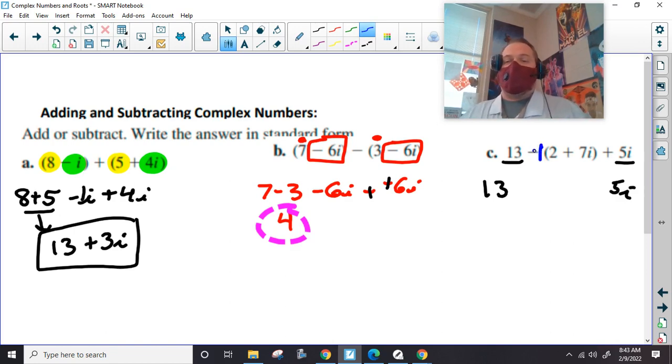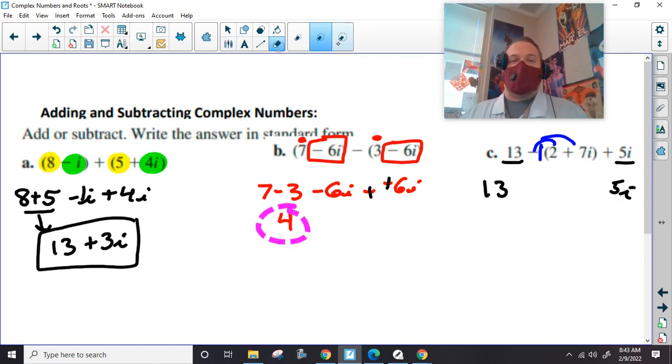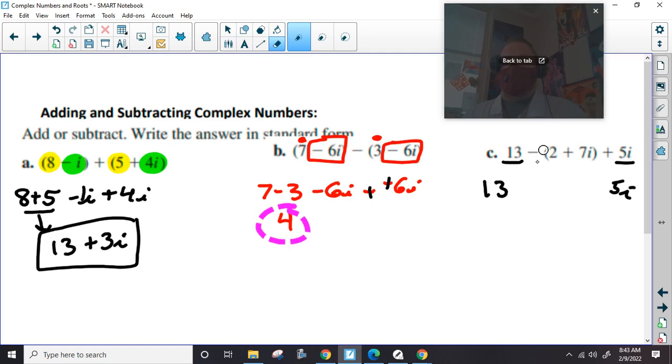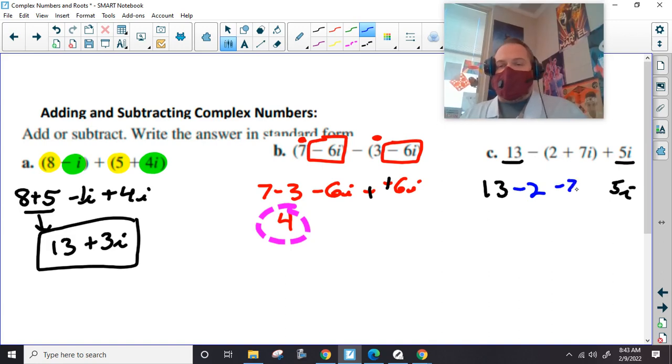You would put a 1 right here and you would distribute the negatives. Or some people will say, oh, well, that changed. Well, now I'm subtracting 2 and subtracting 7i. Either way you say that, you're right, because it's a different way to do the same thing. It all depends on how you're wired. And then some of y'all come up with different ways of remembering that. That's new to me, and I think it's cool because I'm a nerd.